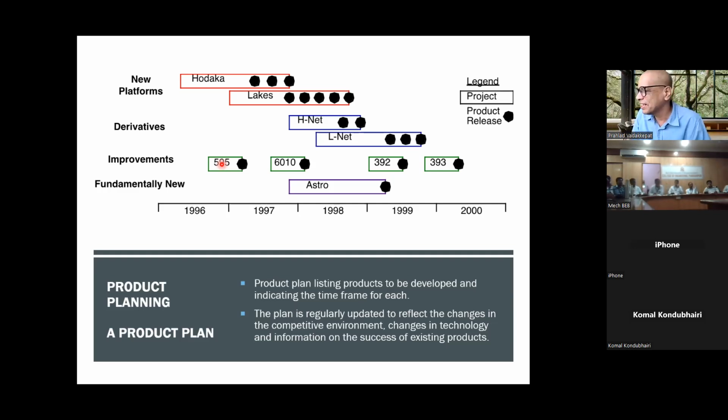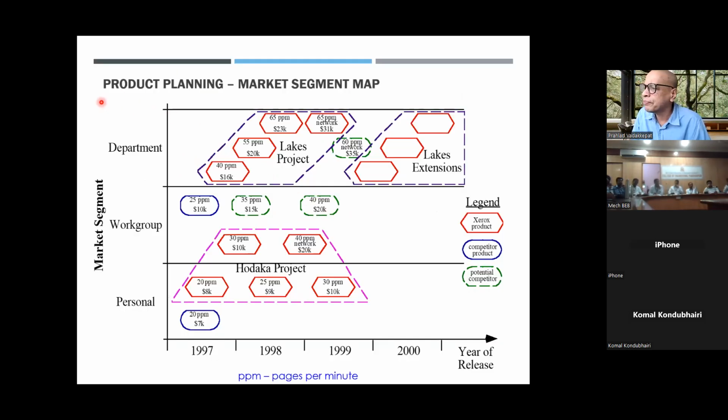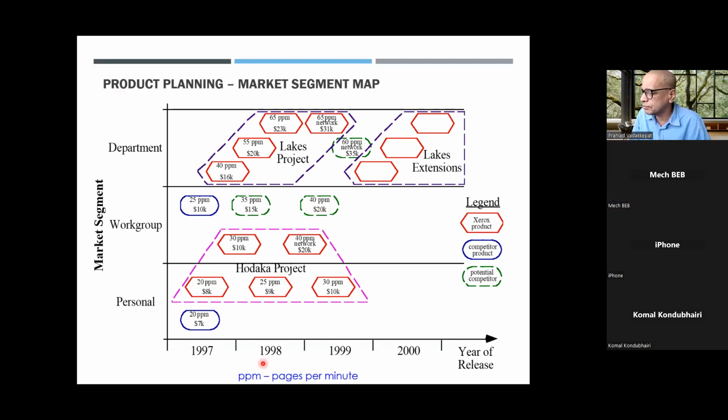So this is something where you can optimize properly and minimize the expenditure. And also there are different segments, so from a technology point of view, pages per minute. There are different segments, meaning personal, selling for individuals, and selling for a group.